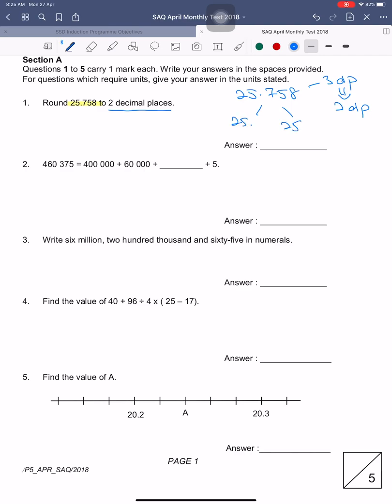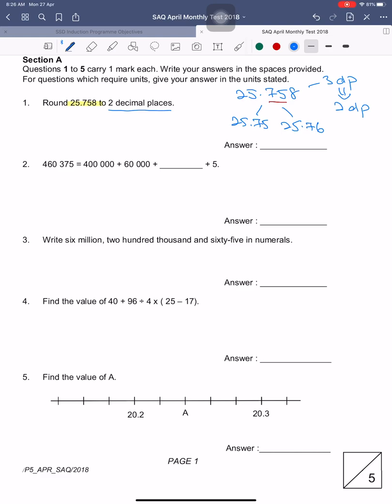The 758 is either rounded down to 25.75, so you just focus on the first 2 numbers, 75, or rounded up to 25.76. So round down to 25.75 or round up to 25.76.